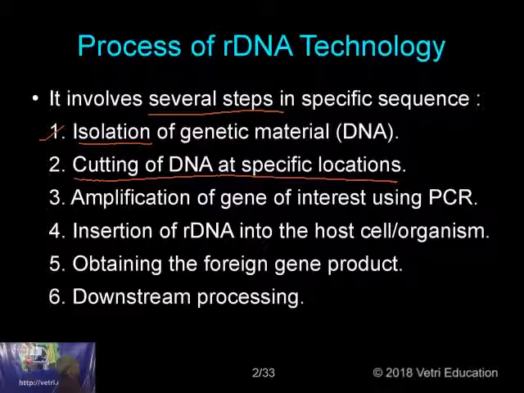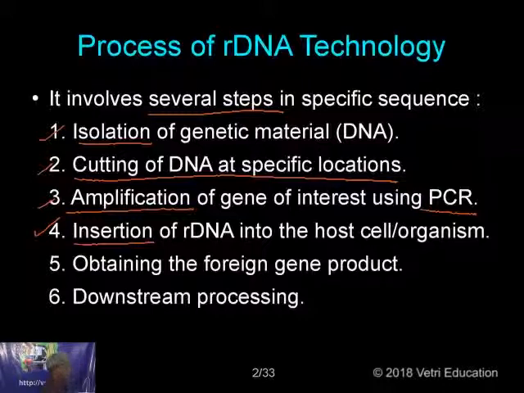The third step is the amplification of a gene of interest using the PCR, polymerase chain reaction. Then the insertion of the rDNA into the host cell or the host organism. Amplification is the third step.